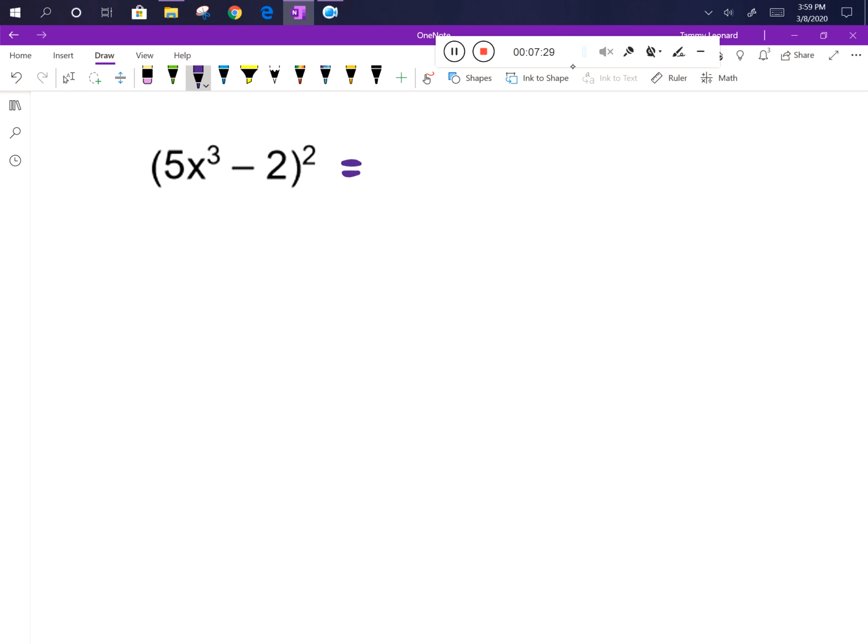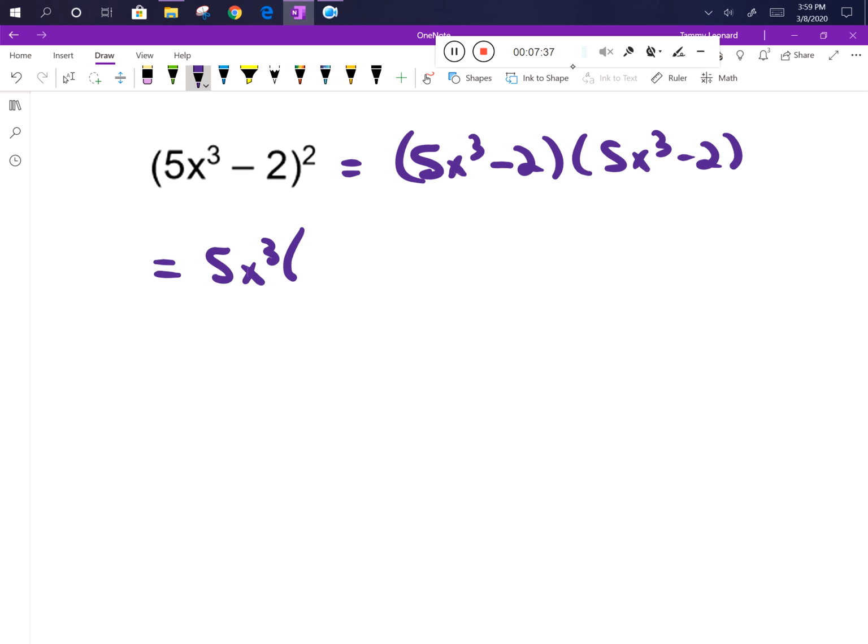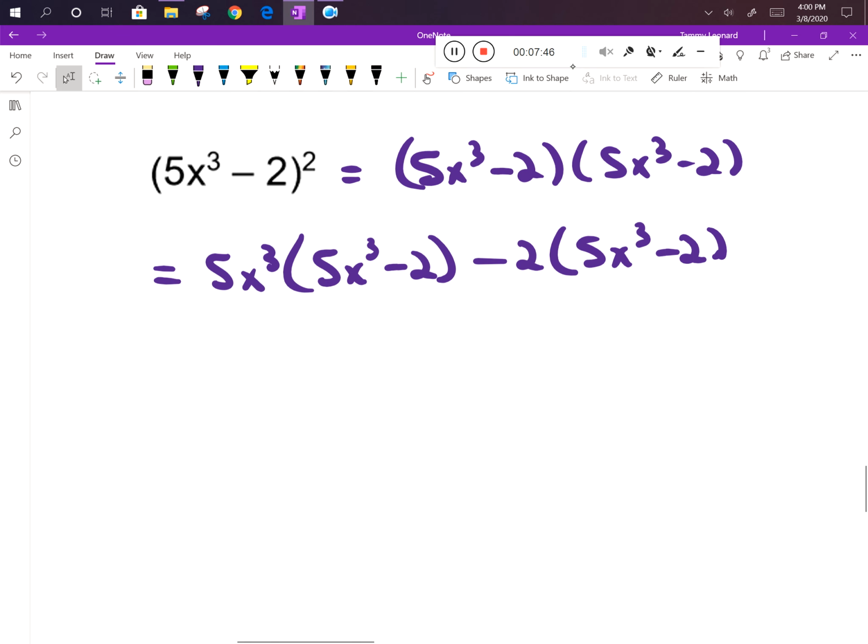First, we have to multiply 5x cubed minus 2 by itself. And we see that again we have a double distribution. We're going to distribute 5x cubed through 5x cubed minus 2, and then we're going to distribute negative 2 through 5x cubed minus 2.